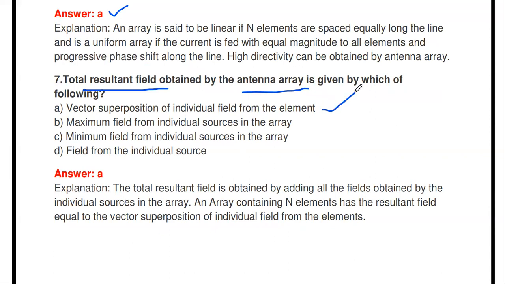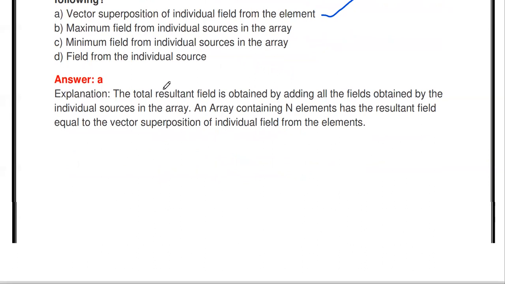So it is nothing but the vector superposition of individual fields from the elements. We have to do the vector addition of the individual fields from the elements. So vector superposition is said to be the total resultant field.